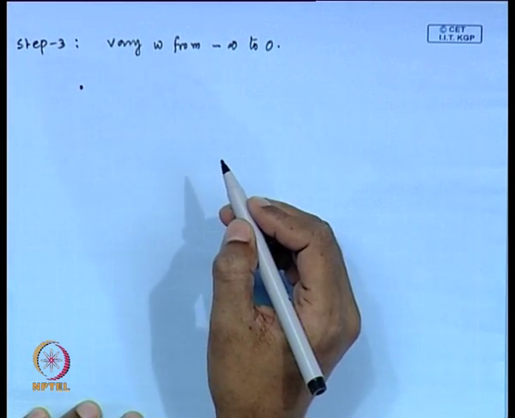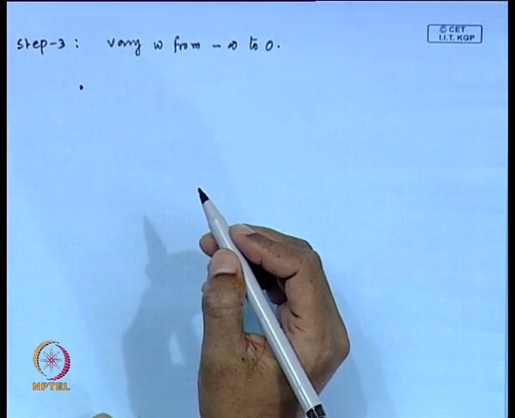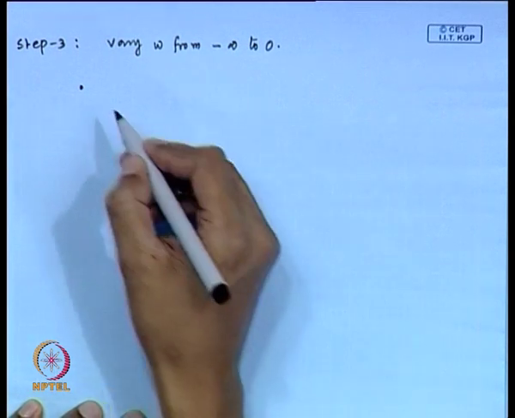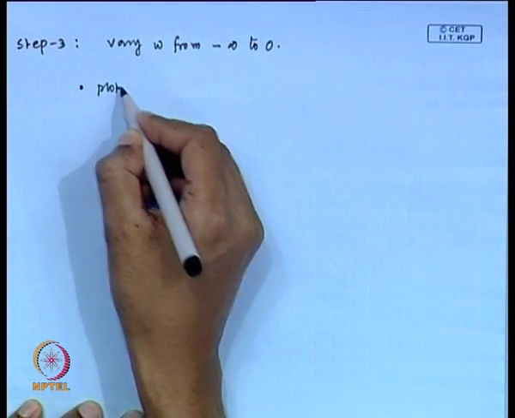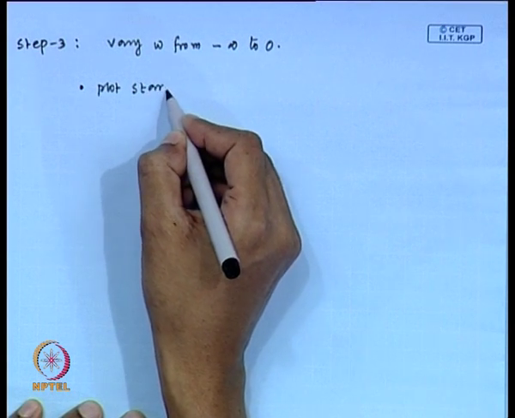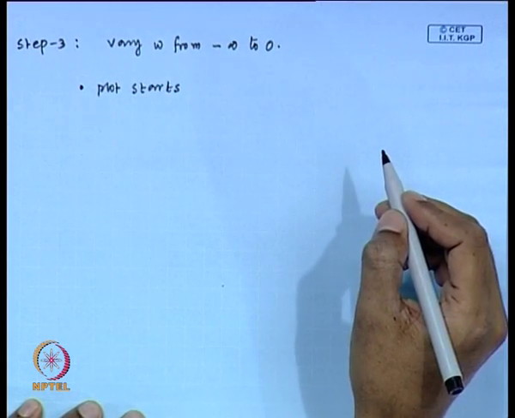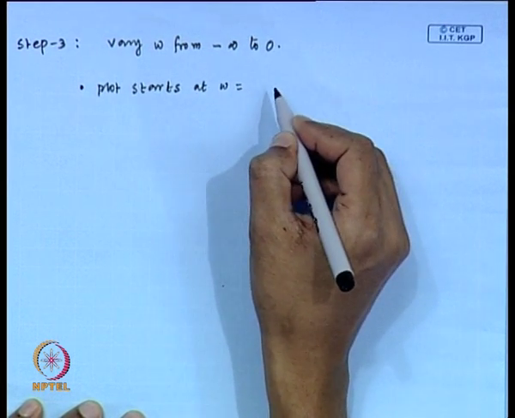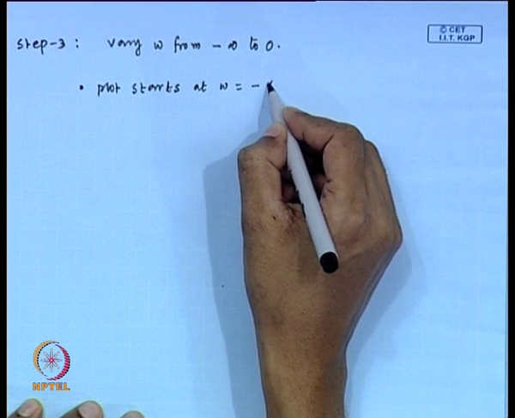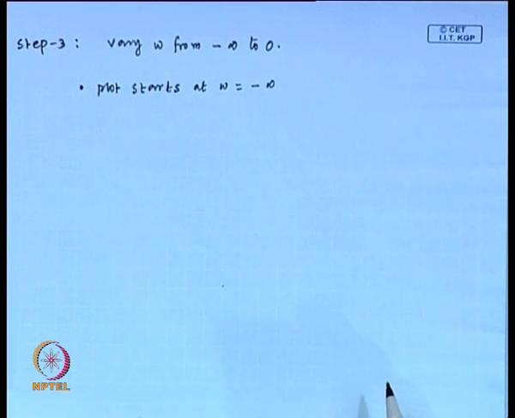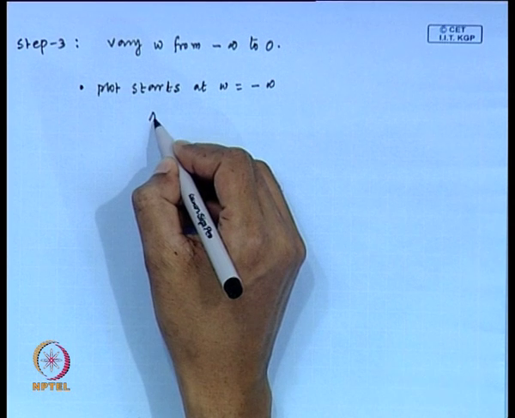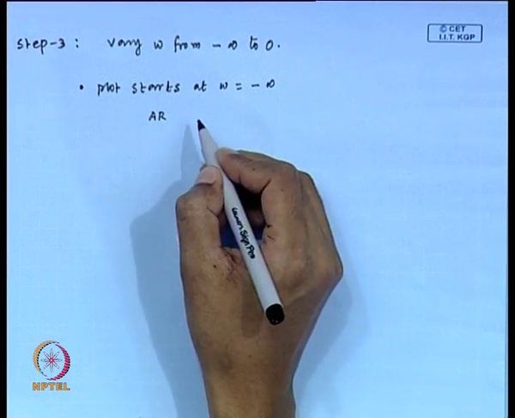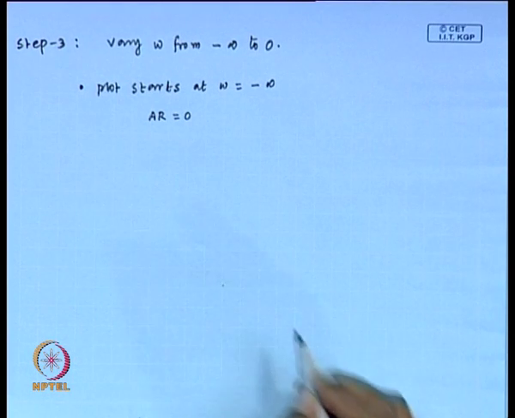Now, the polar plot starts at omega equal to minus infinity. What will be the corresponding amplitude ratio? Corresponding amplitude ratio is 0.